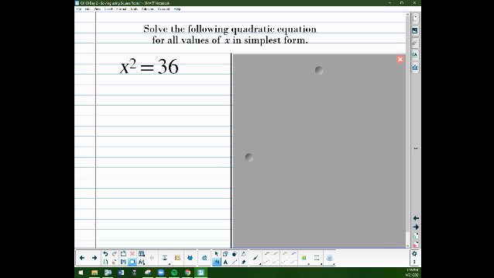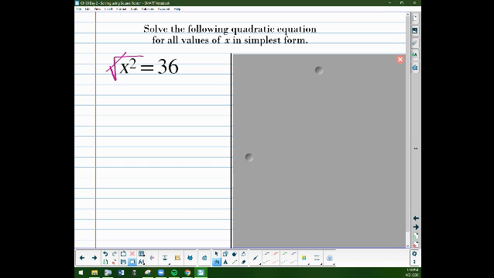So this time, instead of just the square root of something that I need to simplify, I have x squared equals 36. And the directions say, solve the following quadratic equation for all values of x in simplest form. So that means our square root should be in simplest form. Okay? So in order to get x squared by itself, I have to do the opposite operation, which is the square root.